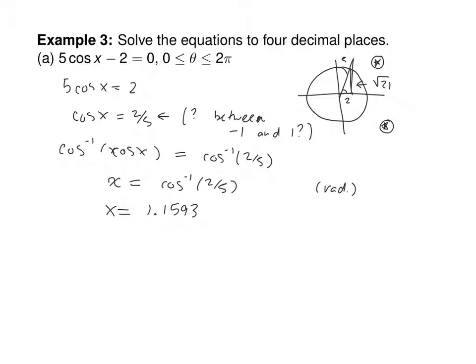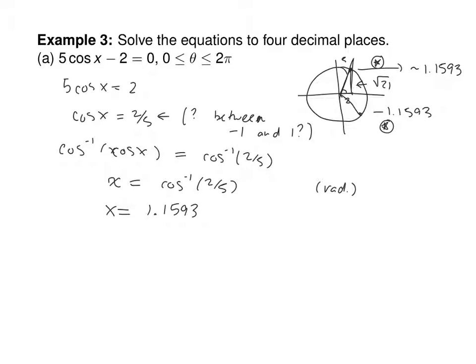Yeah, and the second one. Okay, so here's the first answer, and so this is the number sort of up here. And the question is, what would the second one be? And so here's where we're going to be a little bit clever. This corresponds to approximately 1.1593 radians, right? I would have another answer that was backwards 1.1593 radians.